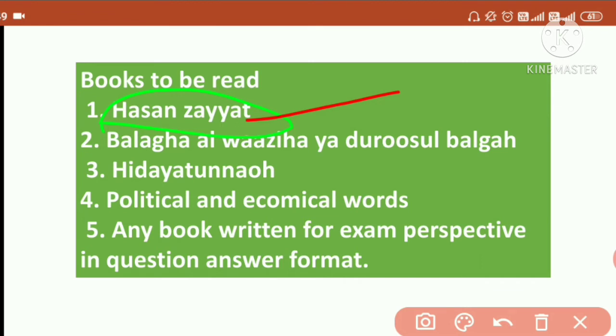So I recommend you study this book in detail the first time. If you are unable to understand the language of this book, because the language is very difficult, then don't go into detail. If you are understanding, go into detail.